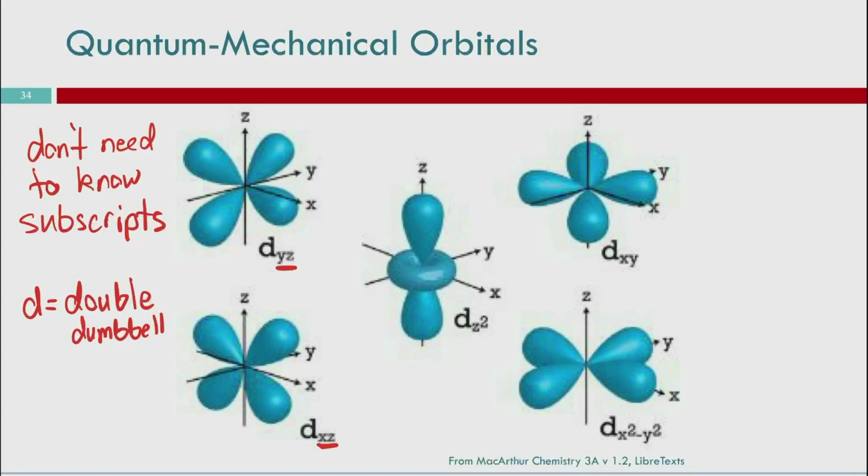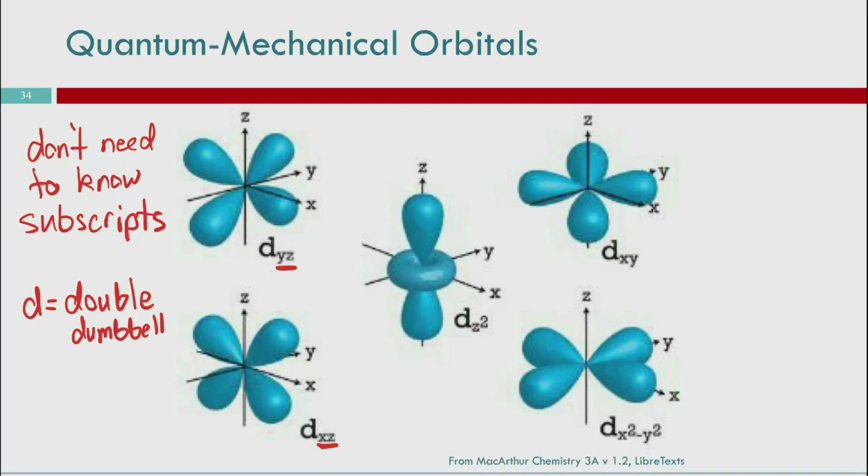In case you're wondering what the subscripts mean, the YZ is in the YZ plane. So in this, for some reason, the y-axis is the out-in, the z-axis is the up-down. So it would be sort of like this shape for that dyz orbital. And then xz is in the plane of x and z, and I'm not going to show you the dxy because that would involve me being on the ground.